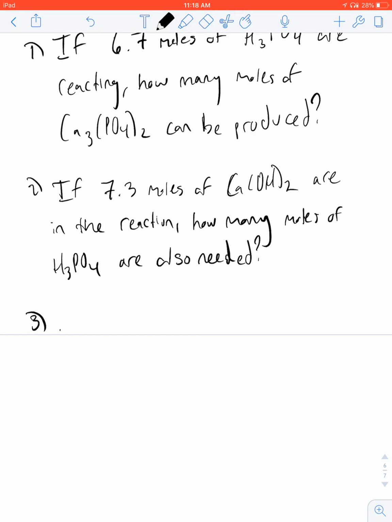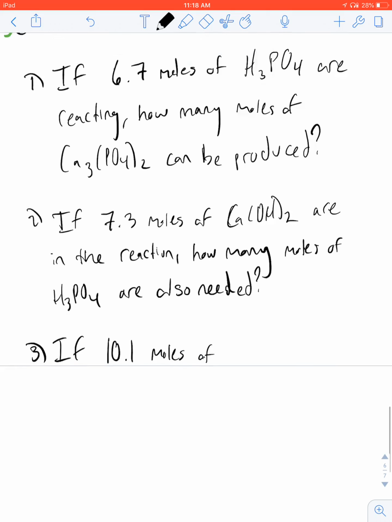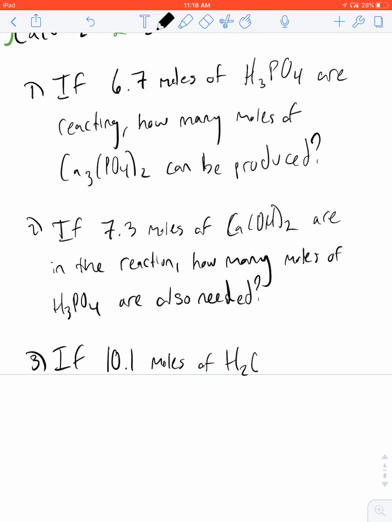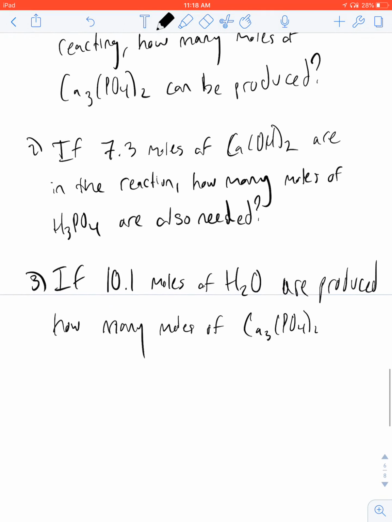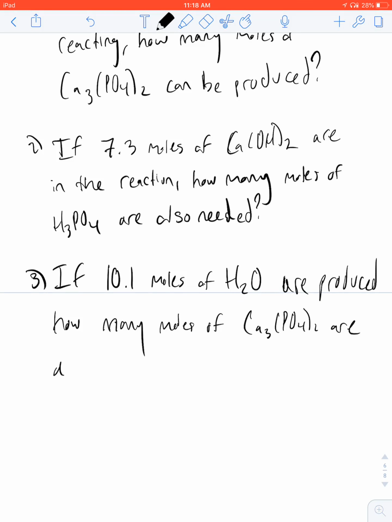And number three: if 10.1 moles of H2O are produced, how many moles of calcium phosphate are also produced?